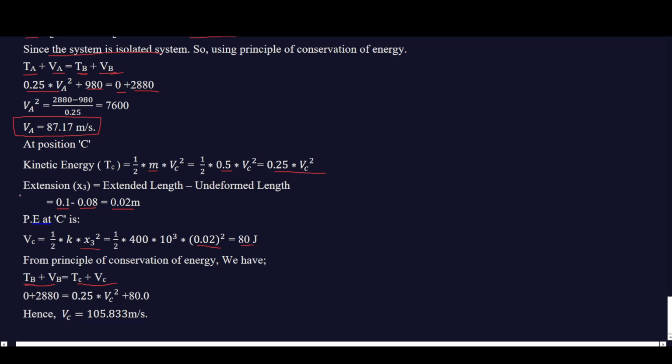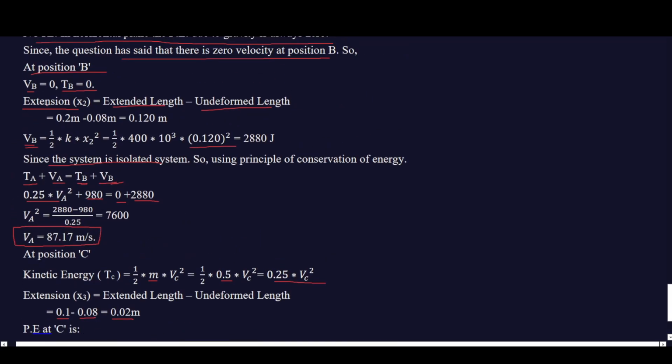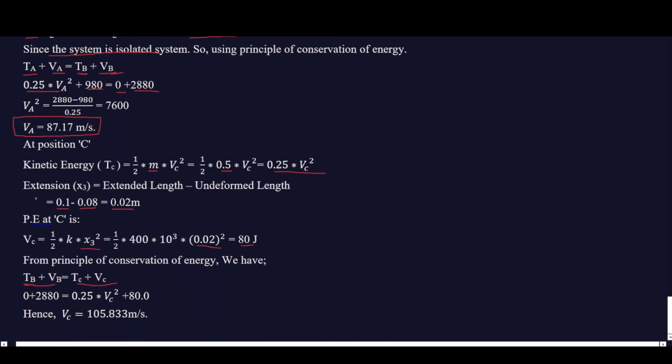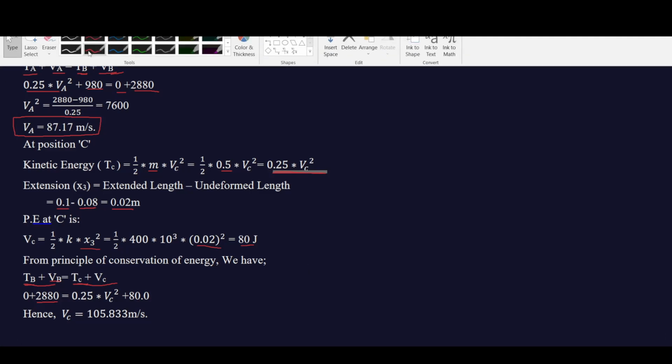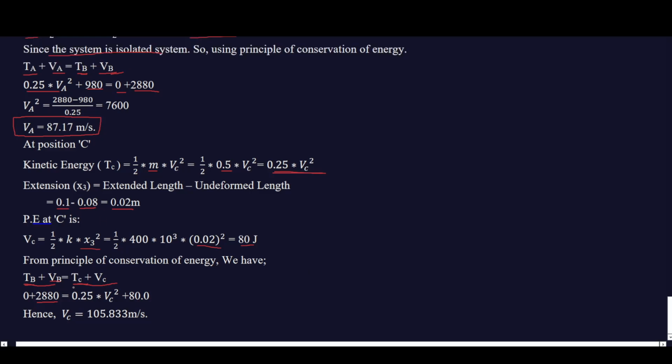The value of TB we have calculated as 0. The potential energy at position B is equal to 2880. The kinetic energy at position C is obtained as 0.25 vc squared, and the potential energy at position C we have calculated as 80 joule.